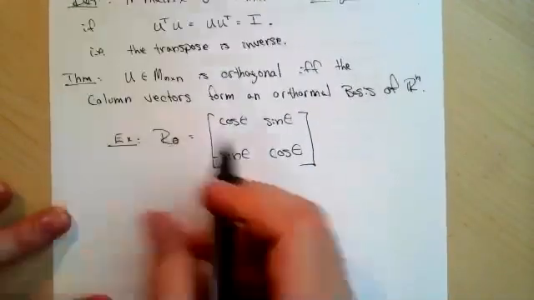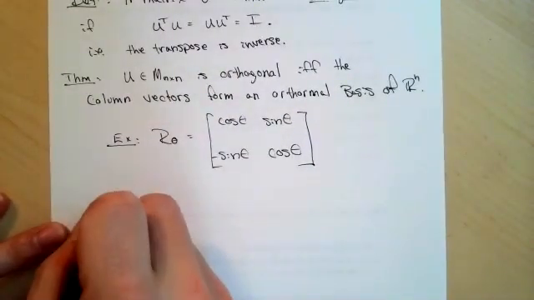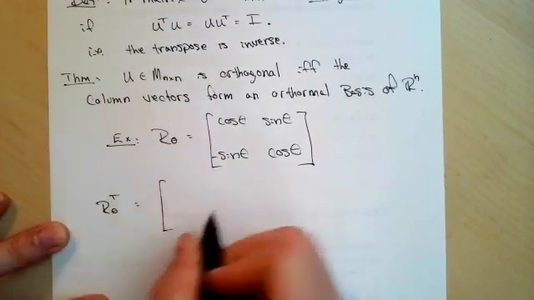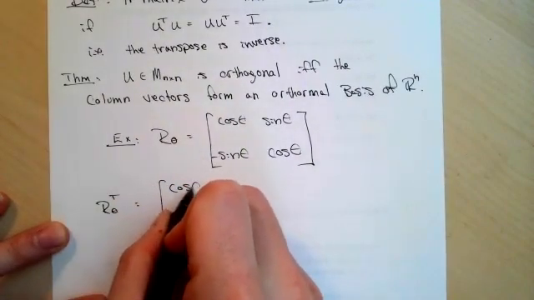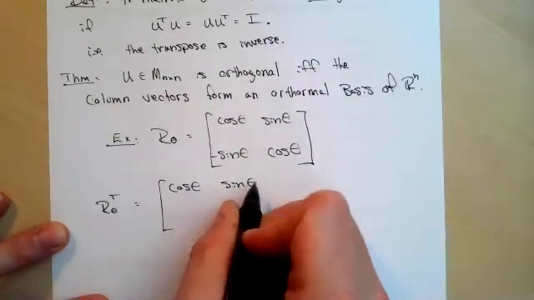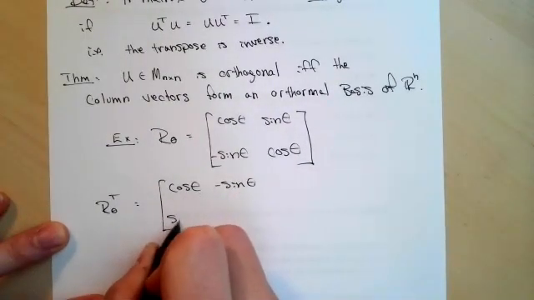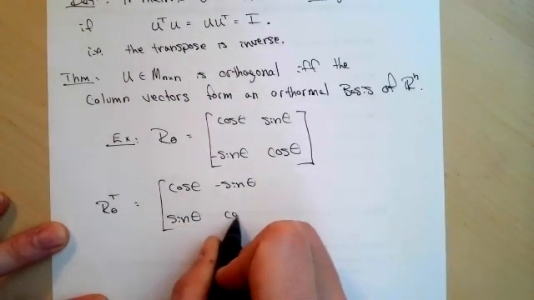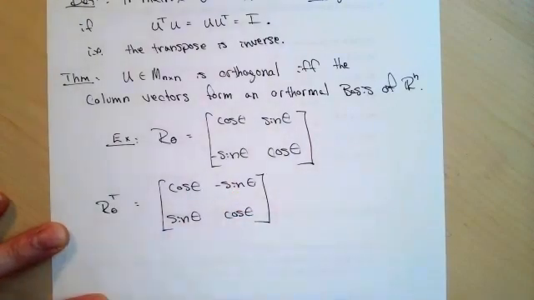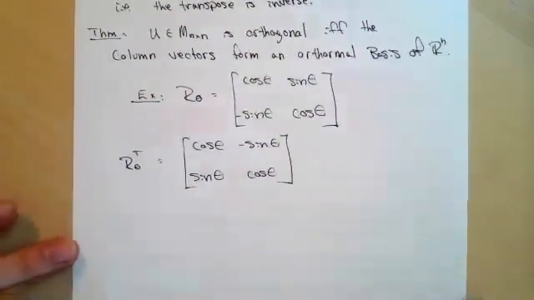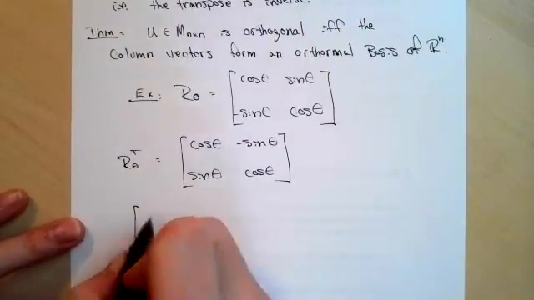In R2, what is the transpose of this guy? It's going to be the same thing, just with a minus sign switched for that sign. And what happens when you compute the product?